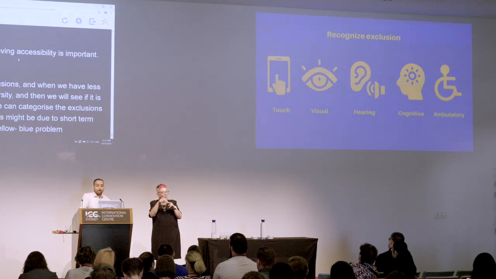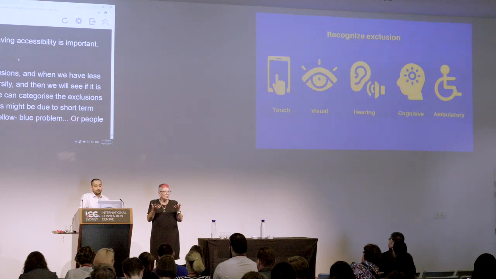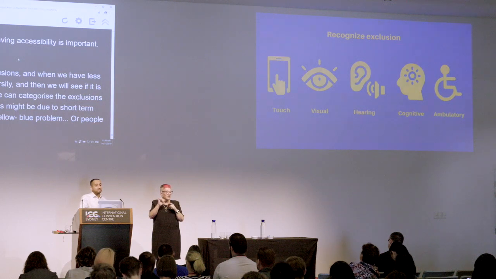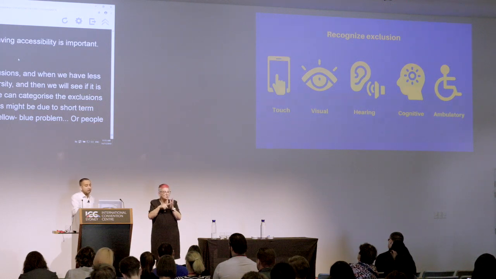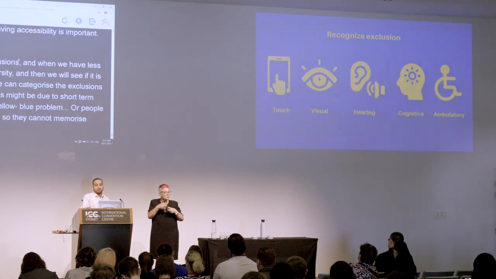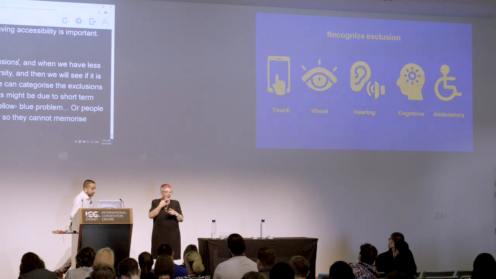Or people may have hearing-related issues, or cognitive ones, where maybe because of continuous repetitive stress injury they face issues memorizing things. Or it can be ambulatory, where, let's say, someone does not have a hand and wants to use your website.